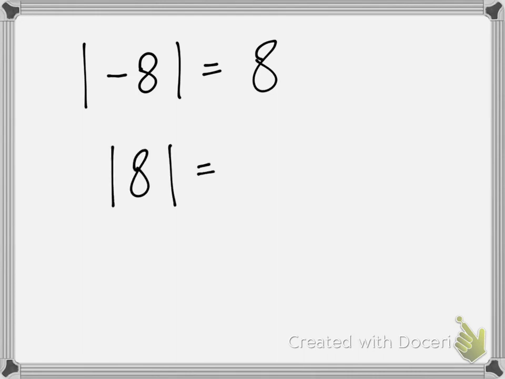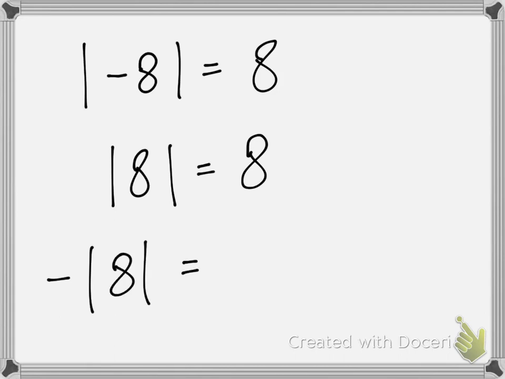So as such, what about this? What about -8? What's that equal to when I put it in there? 8. What about absolute value of 8? What's that equal to? -8, right? No, it's still 8. What about negative absolute value of 8?